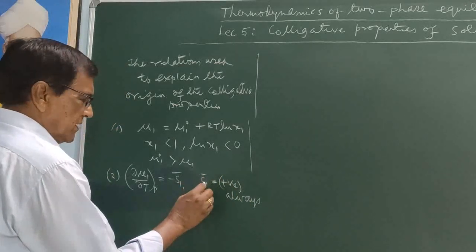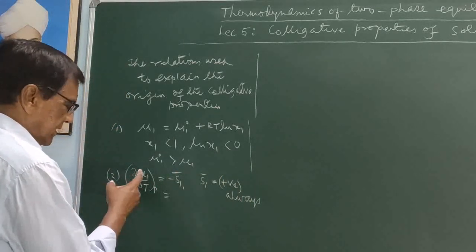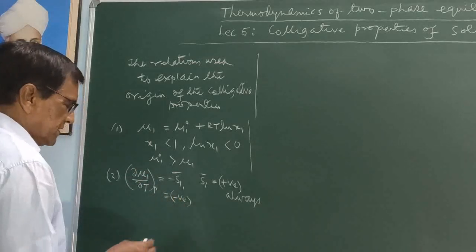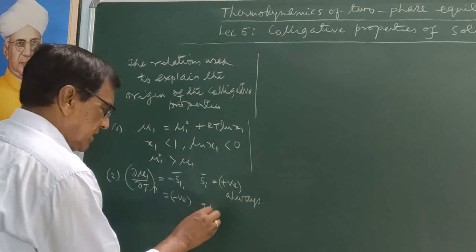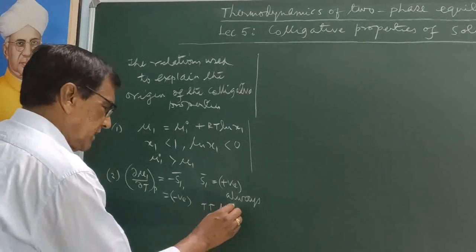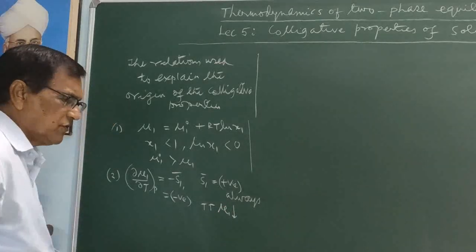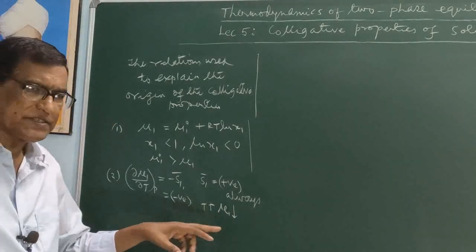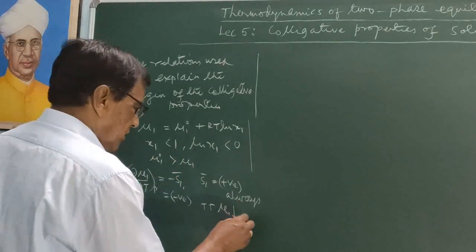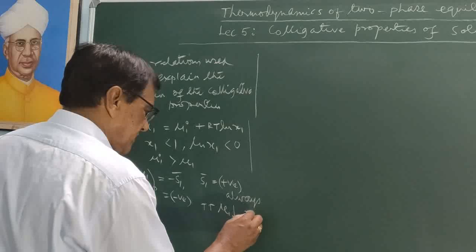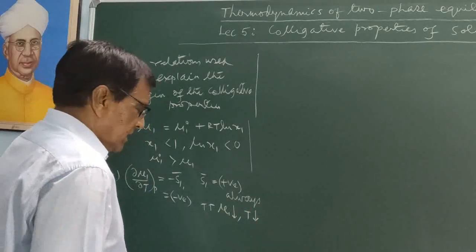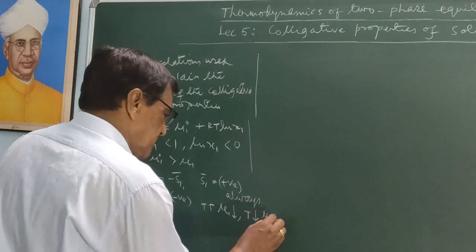Since this one is positive, this derivative is negative. It means that whenever the temperature is increased, the chemical potential of the solvent is decreased, or of any substance. For any substance, whenever temperature is increased, the chemical potential of that substance is decreased. Or in a reverse way, whenever the temperature is lowered, the chemical potential becomes higher.